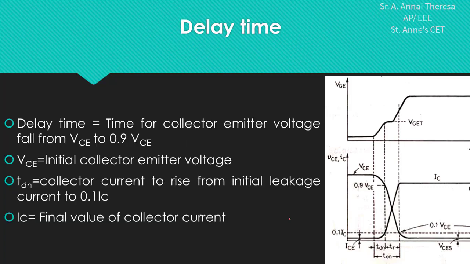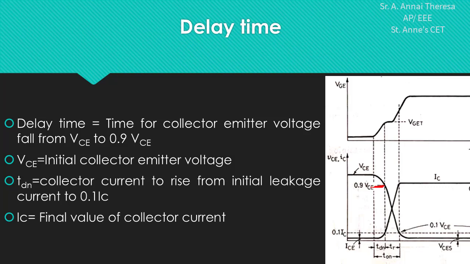You can see them one by one. First one is delay time. So what is happening at this time? The collector emitter voltage falls from VCE to 0.9 VCE. See here, VCE falls to 0.9 VCE, and this is the duration.